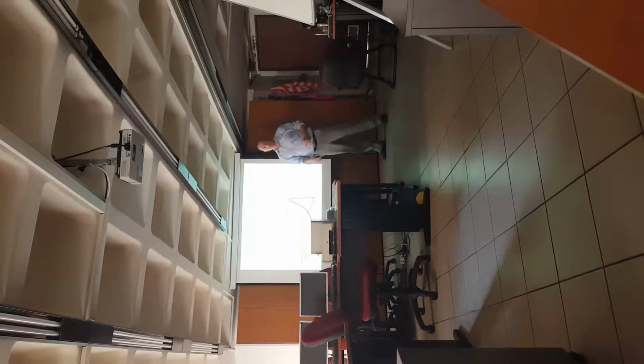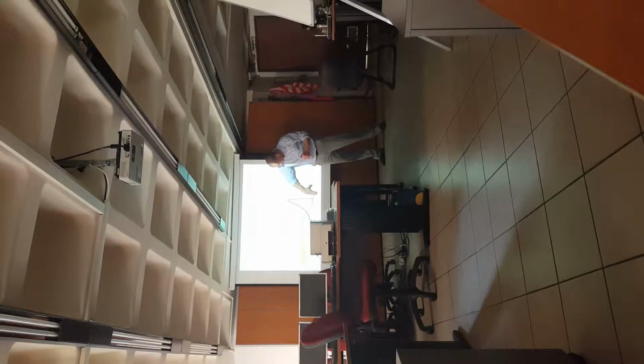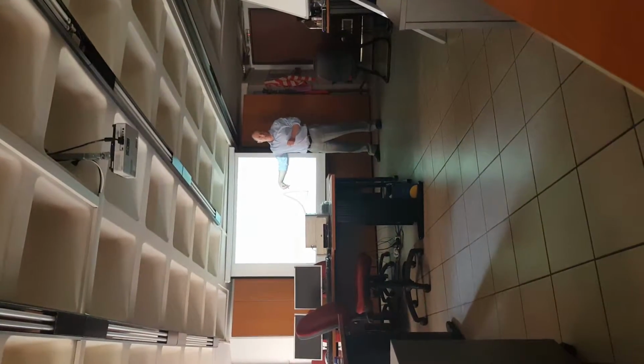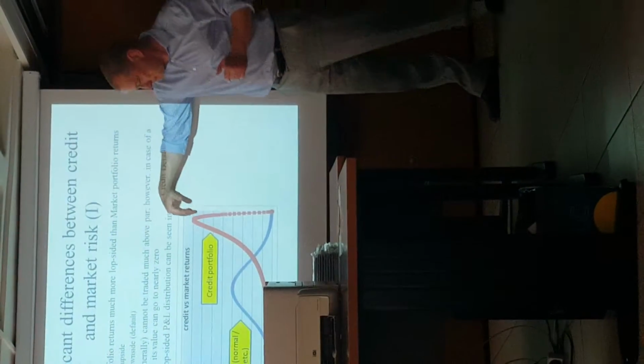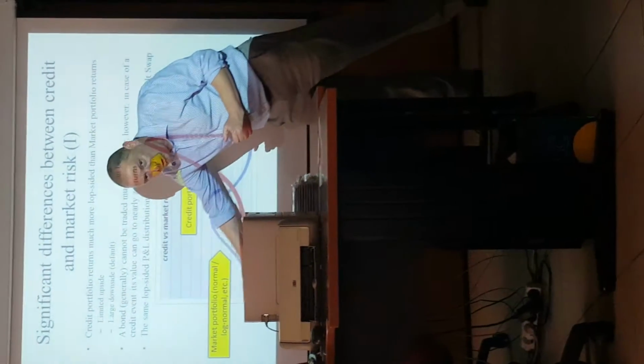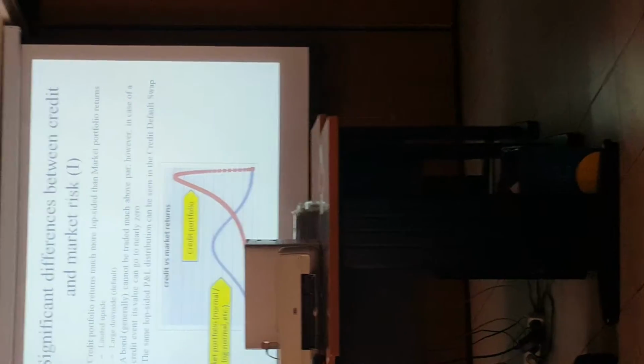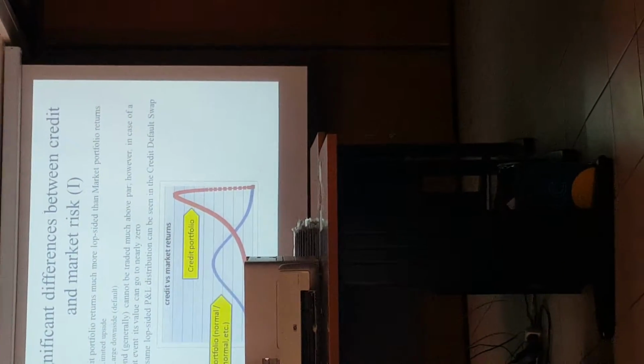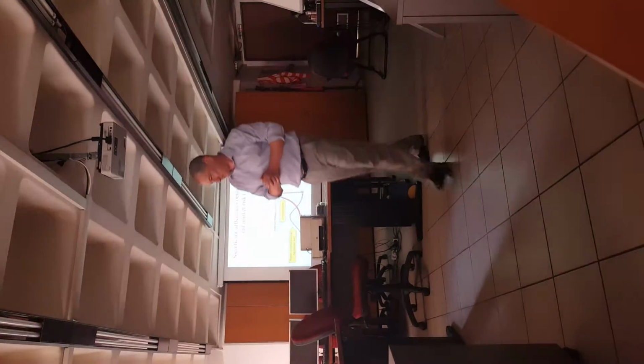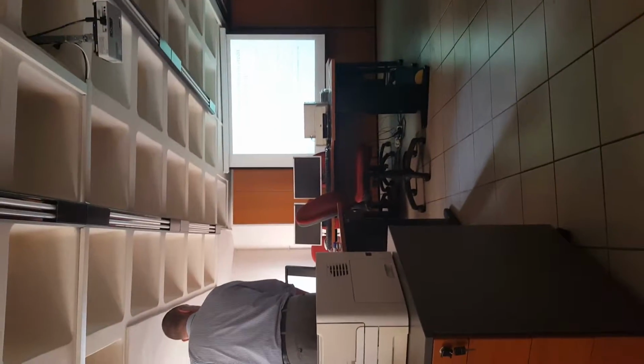This is a realistic distribution of the return of a credit portfolio. It has pretty much a hard maximum. It is generally very near its initial value. But then you got a long tail of improbable large losses. So this is probably the biggest difference.